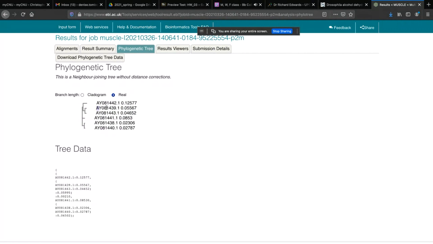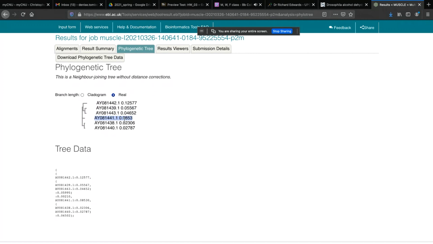So these two are the most closely related, as they're sticking closer to the labels. And this guy is the most closely related to these two because he comes out on this next node. And this one is the most divergent. This is the most divergent of all.